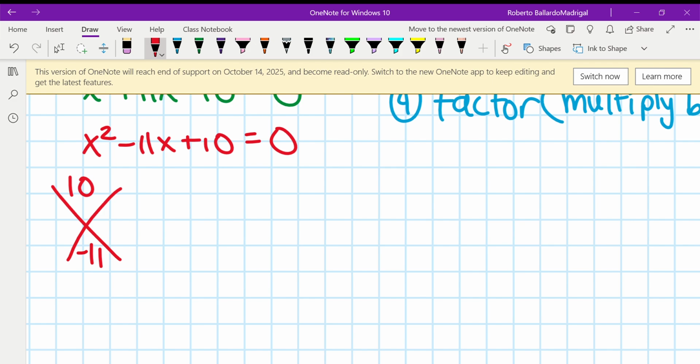So -1 and negative 10. So those will be your two numbers. And that means we can rewrite this as a product of the following binomials.